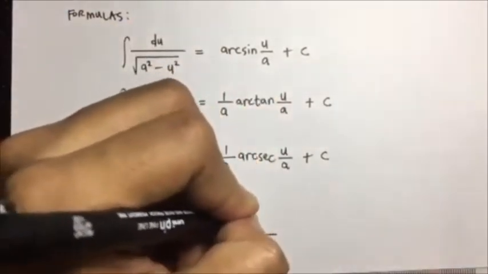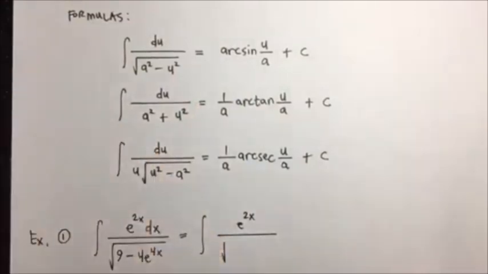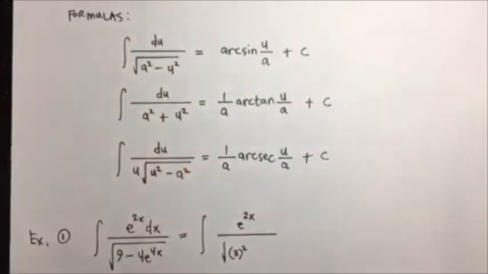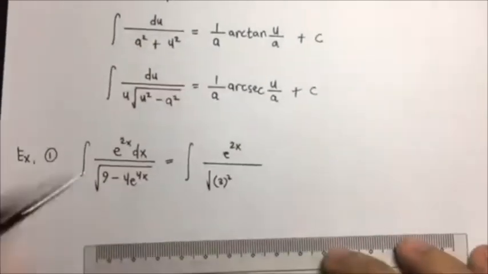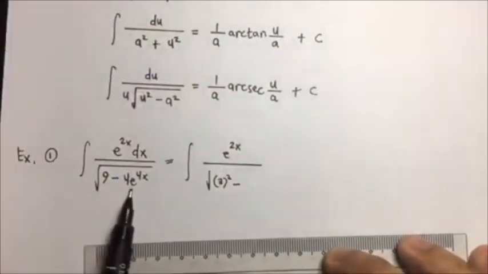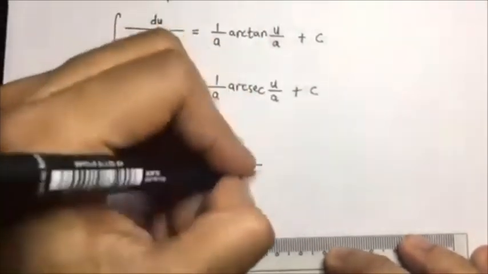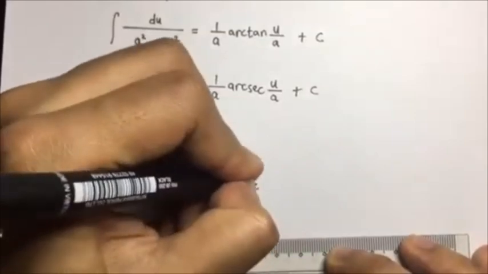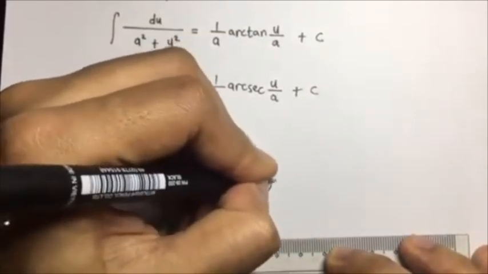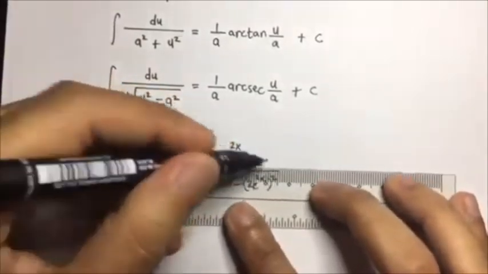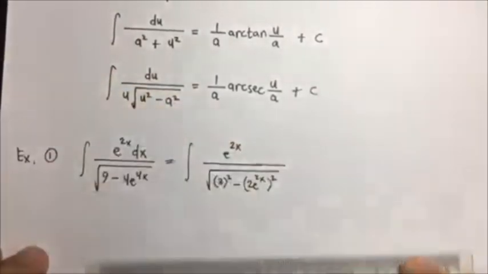e raised to 2x over square root of 9 is 3 squared, right, minus 4e raised to 4x, that is 2e raised to 2x squared. Right?